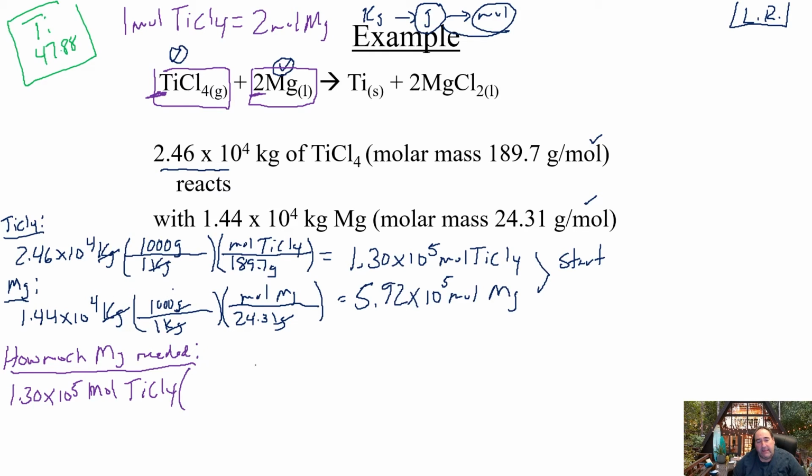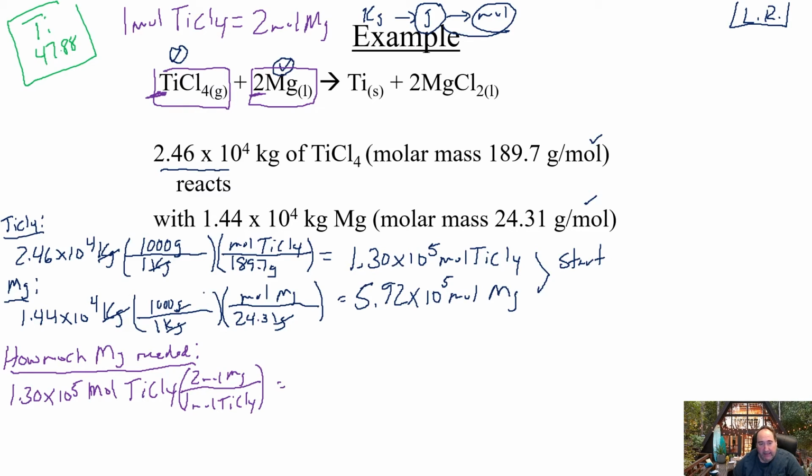We're going to do this, and this is going to tell me how many moles of magnesium I need. 2 moles of magnesium, 1 mole TiCl4. That's going to give me 1.3, making sure you use the exponent button, times 2.